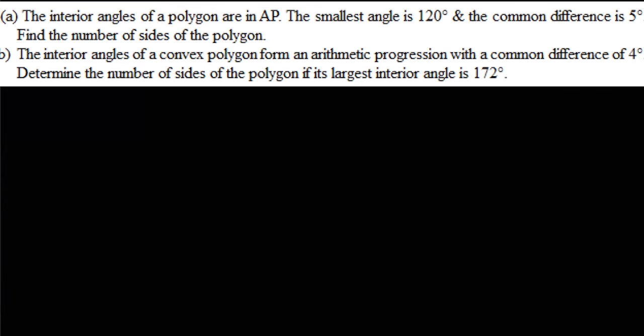Now this second question is similar to the first one. It says the interior angles of a convex polygon form an AP whose common difference is 4 degrees and its largest angle is 172 degrees.